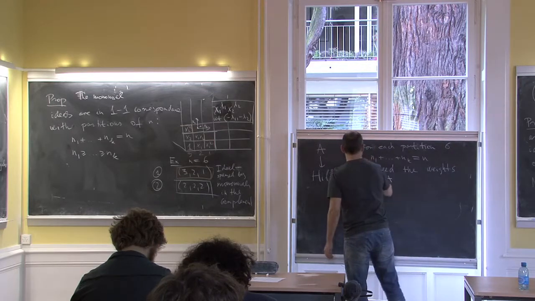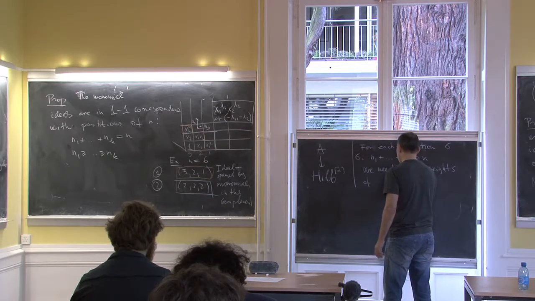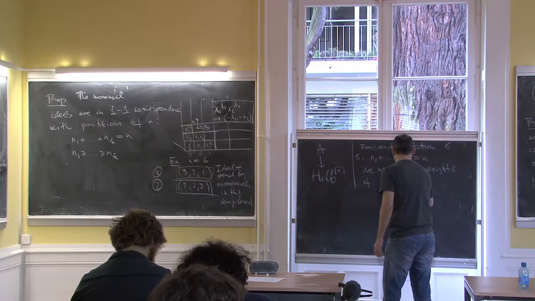So sigma is a partition like this. Then I look at A and I look at I sigma.